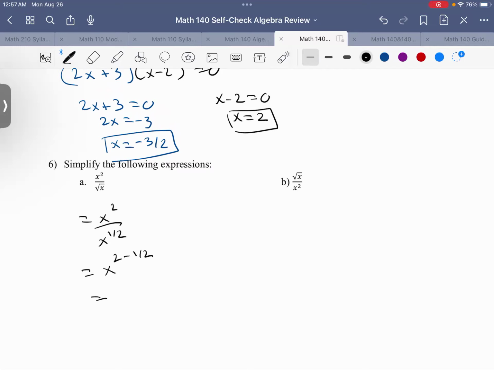And that would just be x to the 3/2. Maybe I could go off to the side and do that. It would be 2 minus 1/2. Get like terms, like 2 over 2 times that. So it would be 4 over 2 minus 1/2, which is just 3/2.